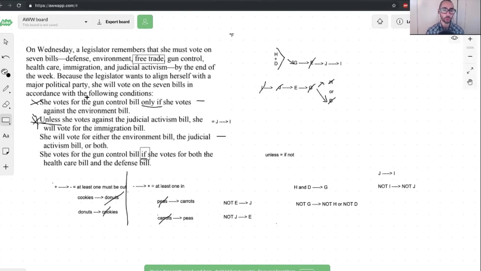We have gun control in the first rule and in the fourth rule. And we have environment in the first rule and the third rule. And we have J in the second rule and in the third rule. So the repetition of the variables suggests the conditional chaining. And since all the rules here are conditional in some way, that lends itself nicely to the contrapositive.